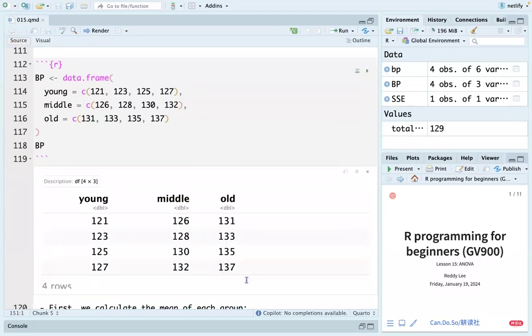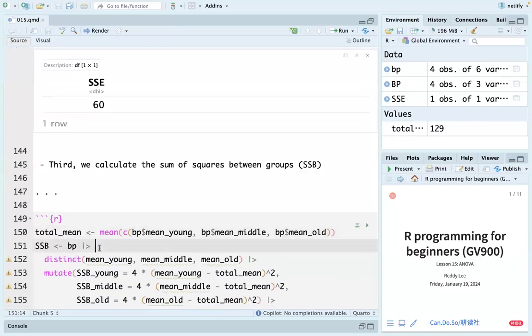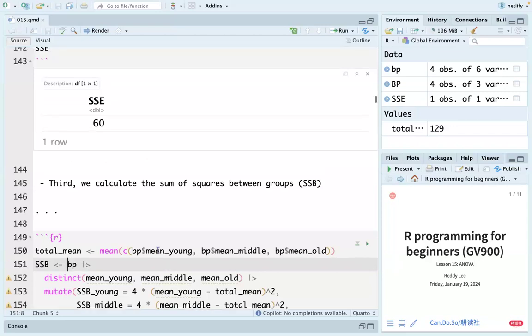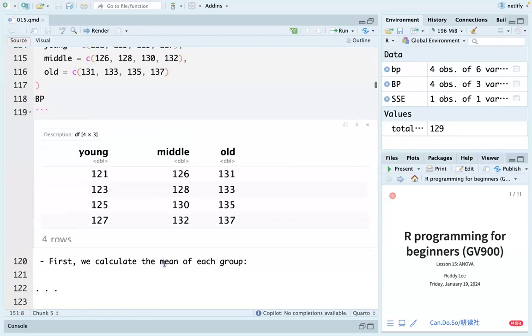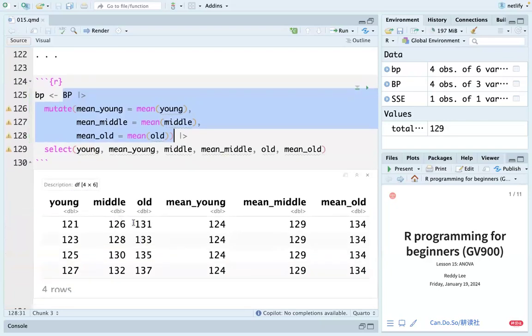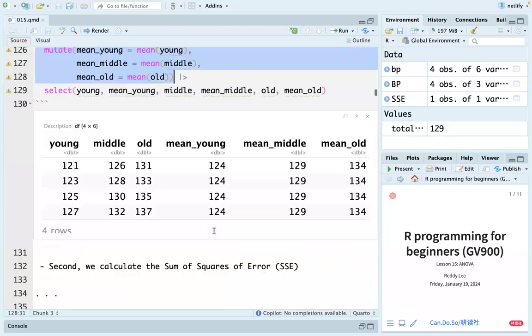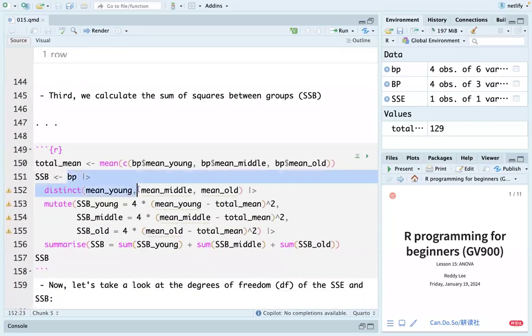Calculate the mean, add together and take the mean, and we got this. And then we distinct mean young because here we have the same one, right? So we just need one. So we distinct it.